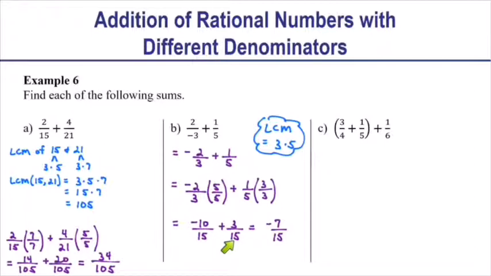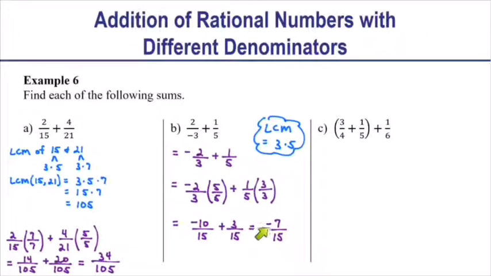So be on the lookout for students that want to simplify their fractions just because they know how to simplify fractions. The point here is that we need fractions that are not simplified because we're willing to give that up in order to get the denominators the same. It's important to leave your answer as a simplified fraction, but when you're trying to add fractions, they won't always be simplified. Of course they can't be.